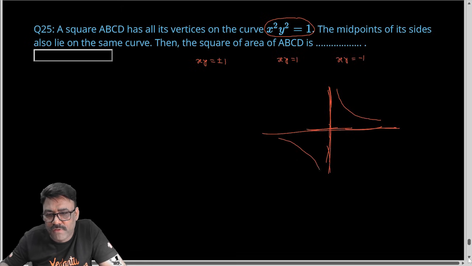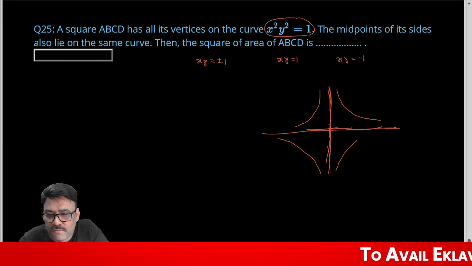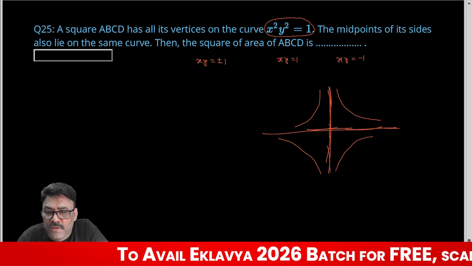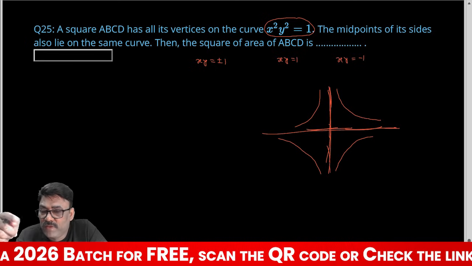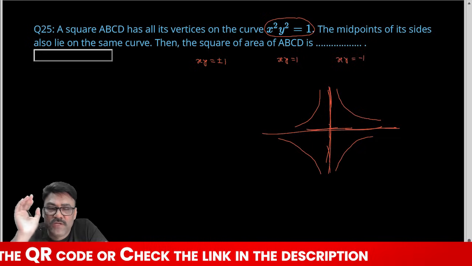This is xy is equal to 1. And xy is equal to minus 1, one branch here in the second quadrant, one branch here in the fourth quadrant. Now you are taking a square and the vertices of the square are on these branches, and the midpoints of the sides are also on these branches. So what will be the square of the area of ABCD?